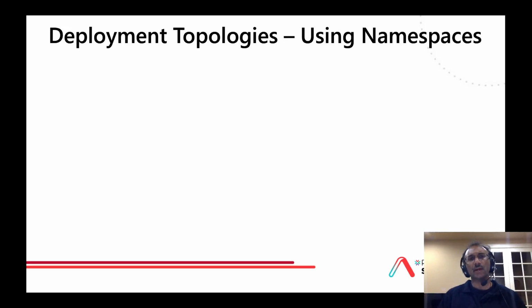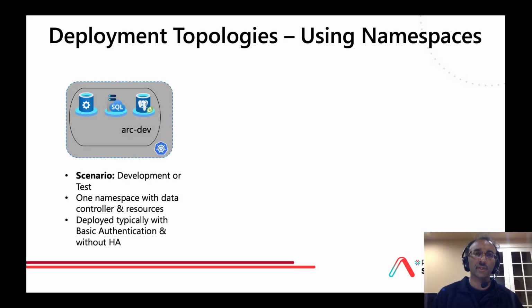Now with that, let's take a quick look at how, with this Kubernetes environment, you can use data services in different scenarios. Imagine you have a development team who want to have their own instances for dev test purposes.